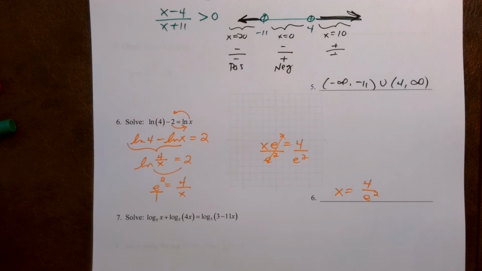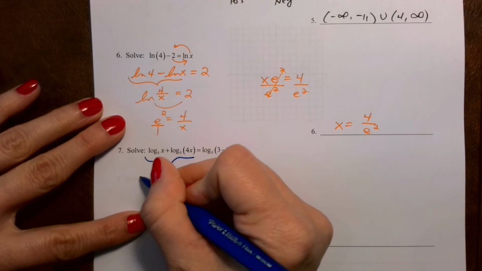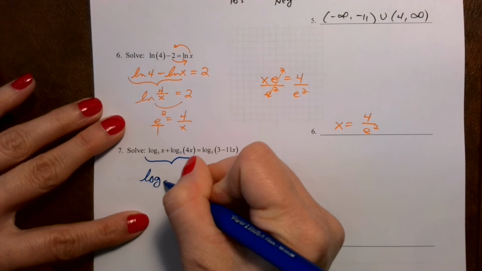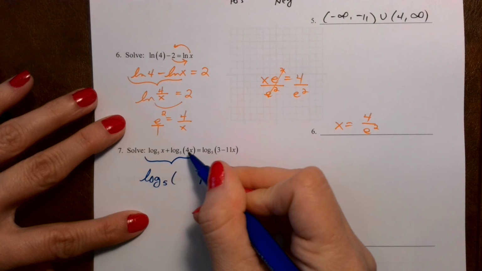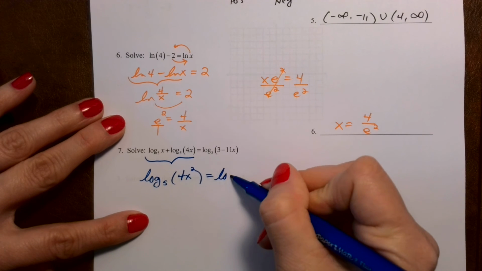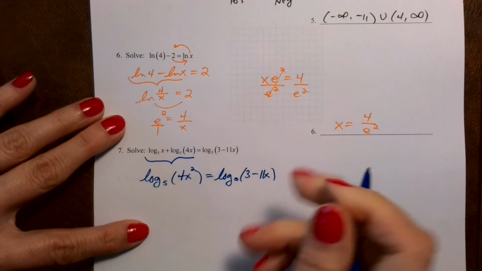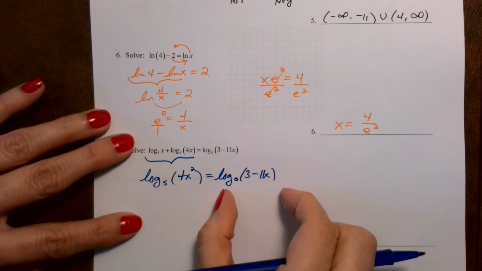And the last one, holy logs, look at all of them. I can combine 2 logs into 1 log, since the base is 5. And what am I going to do to those of's? I'm going to multiply them. Over here, I'm just going to write this 1 log. But I do have a log on the left and a log on the right.